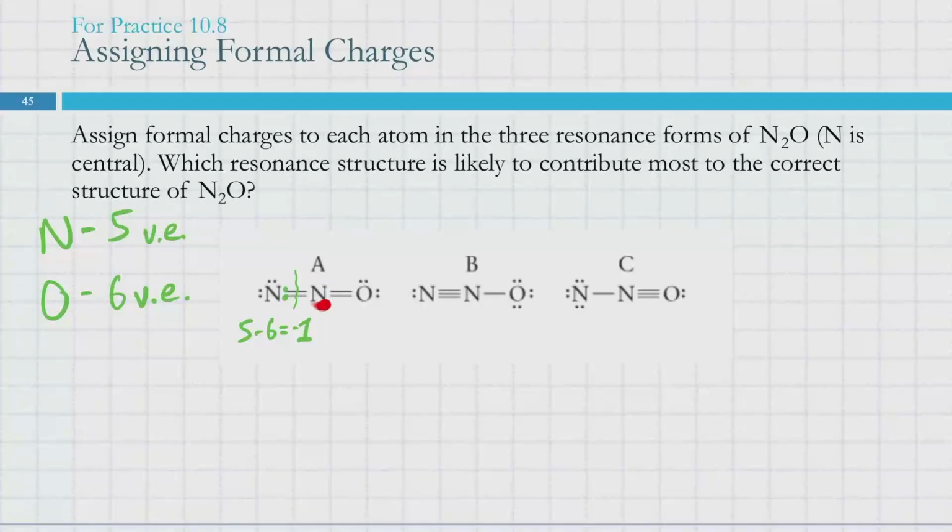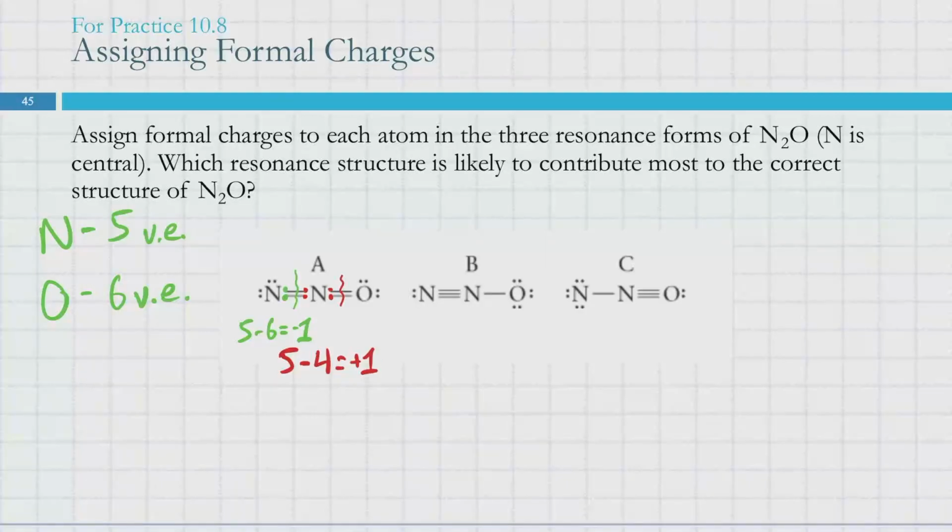For our nitrogen in the middle, it also gets half of each of these bonds. And so that's going to be 5 minus 4, got my order wrong. It wants to have 5, it only has 4, and so it's going to be +1. It would like to have one more electron to be truly happy.